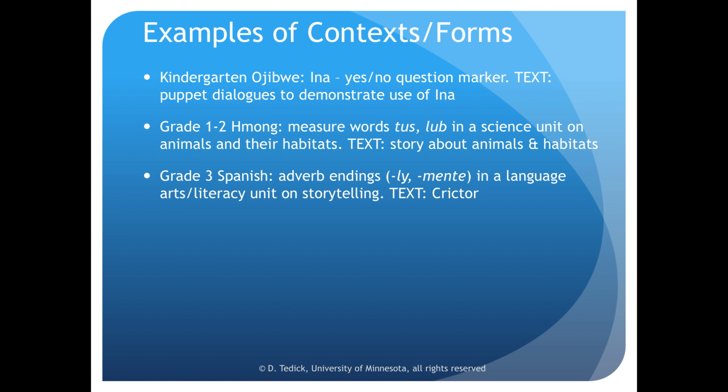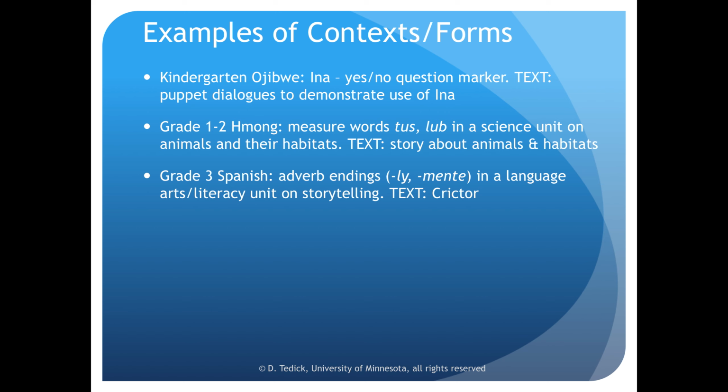Grade 3 Spanish, this was done in a two-way context. The teachers were teaching Tomi Ungerer books, specifically the book Crictor, and they found that there were adverb endings in both English and Spanish, and their real emphasis was trying to get the students to write more descriptive texts and so on.